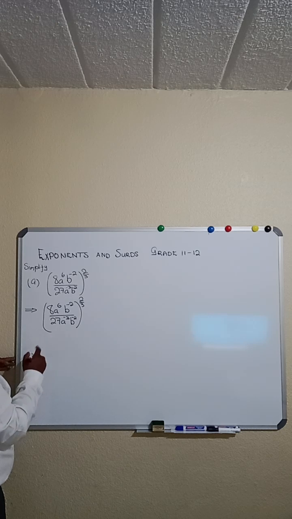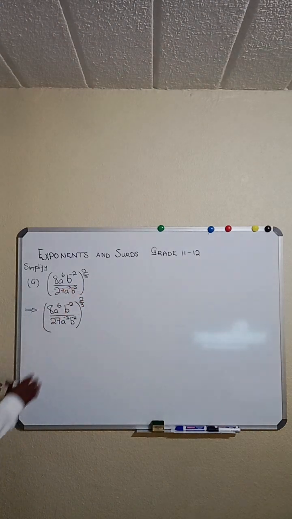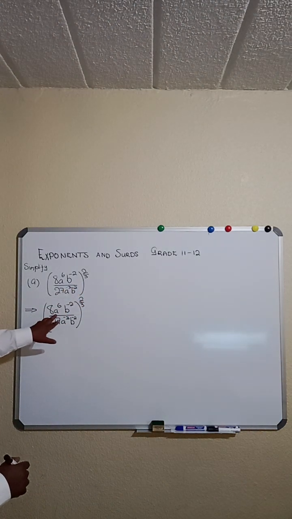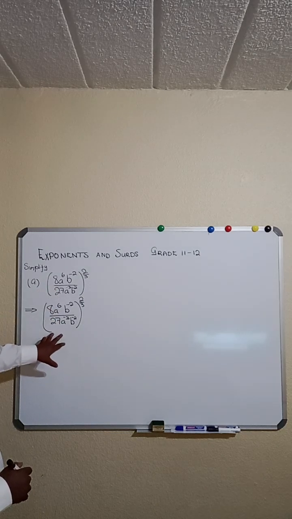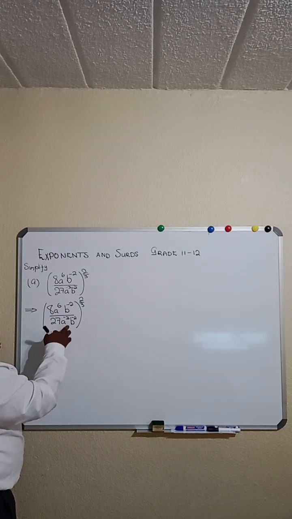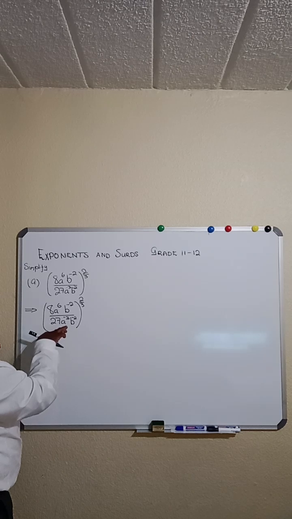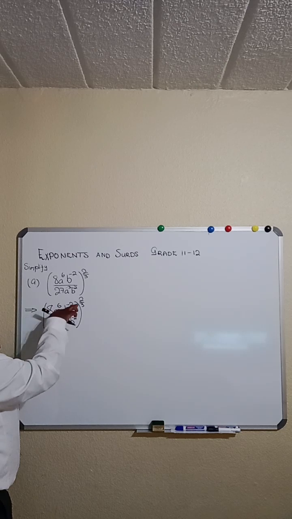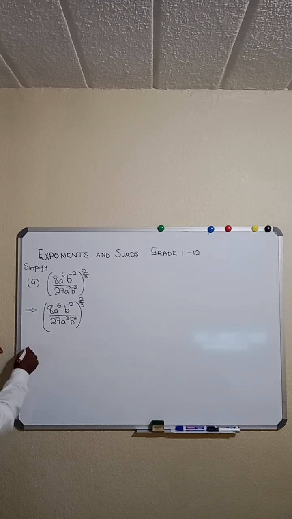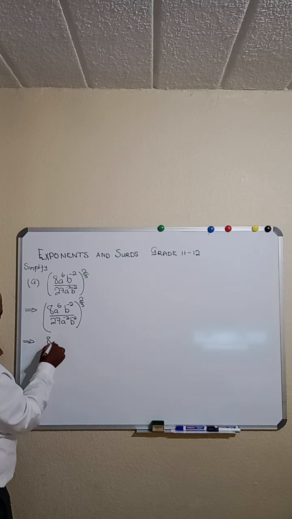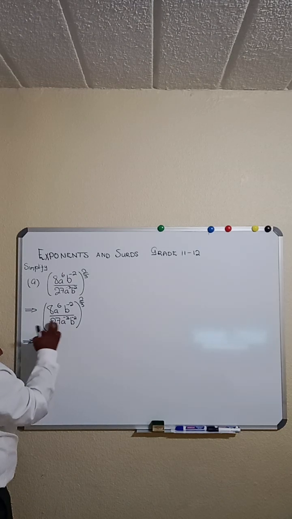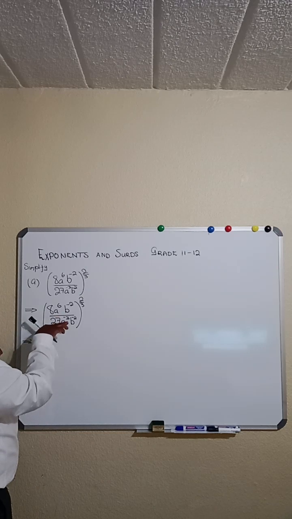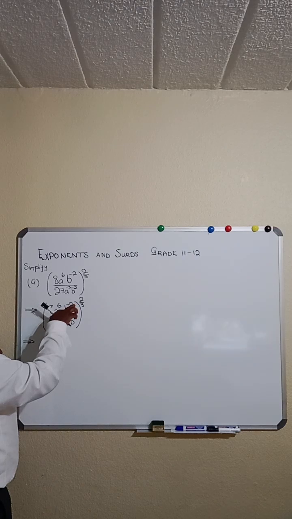So in exponents, since we're doing this for grade 11 and 12, in a multiplication you can separate the powers that are on the denominator from the powers that are on the numerator. How? Let's show it. So we're going to have 8 over 27. It's like collecting like terms, but in this case we're separating powers of the numerator from the denominator.